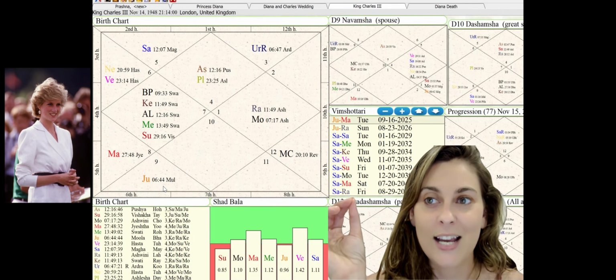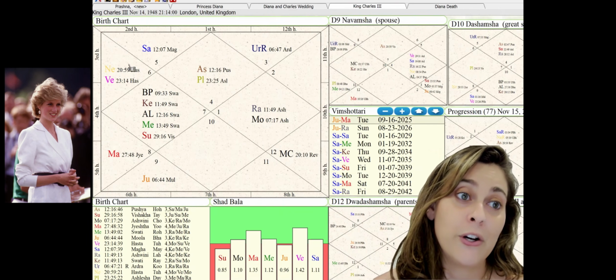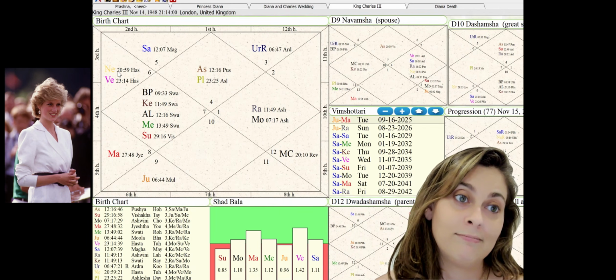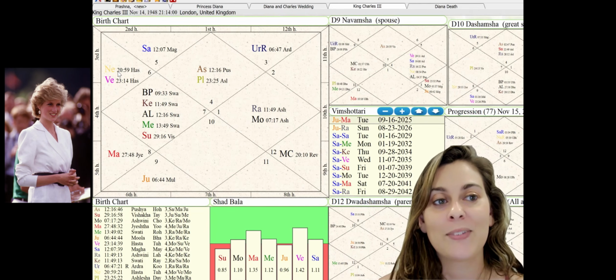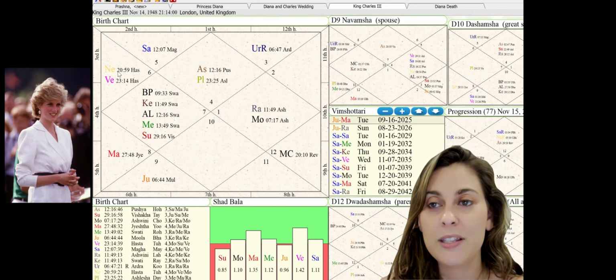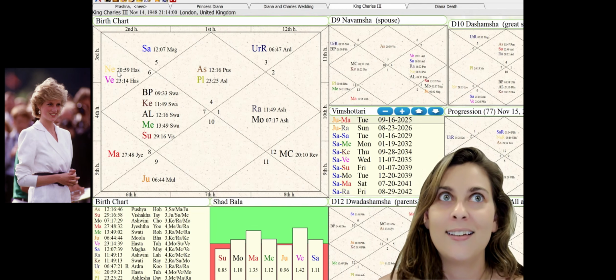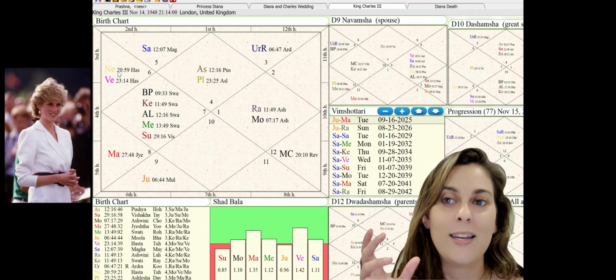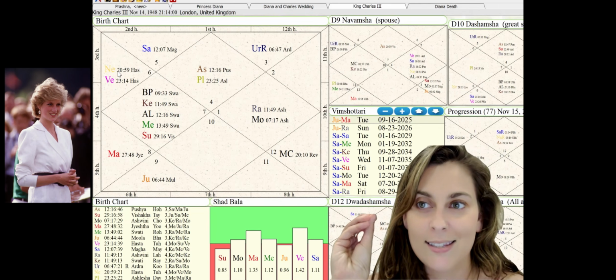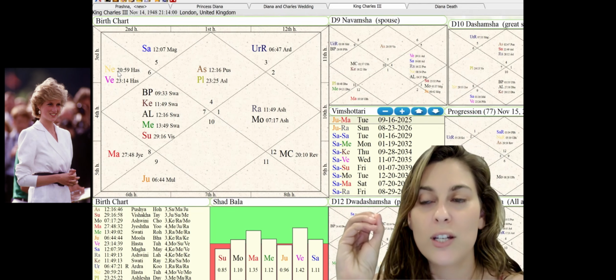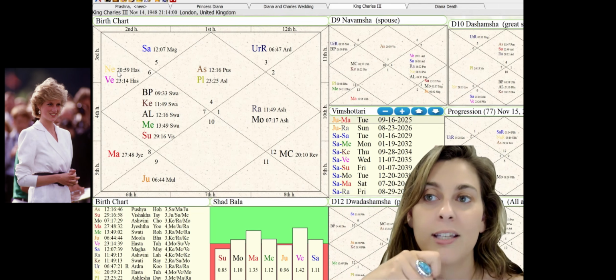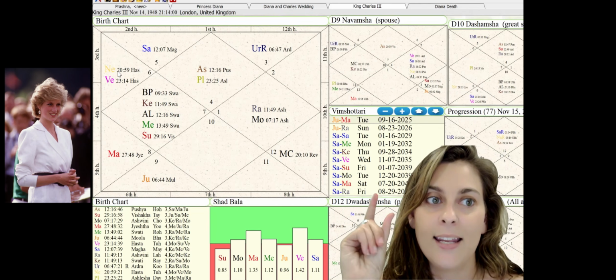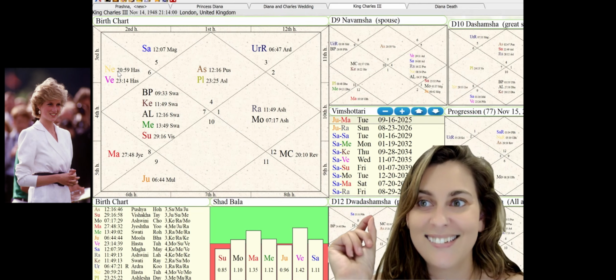His Venus is actually debilitated here in Virgo with Neptune. I wouldn't say that's meeting her Venusian needs. Venus is tight with Neptune, showing that he wears kind of rose-colored glasses, and there's a lot of illusions in his relationships. He was already in love with Camilla when he married Diana, and when he talks about Camilla, it is totally rose-colored glasses.